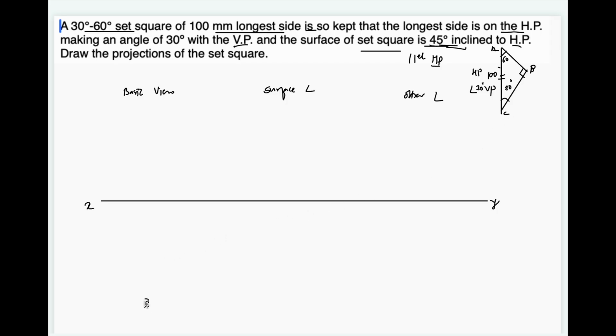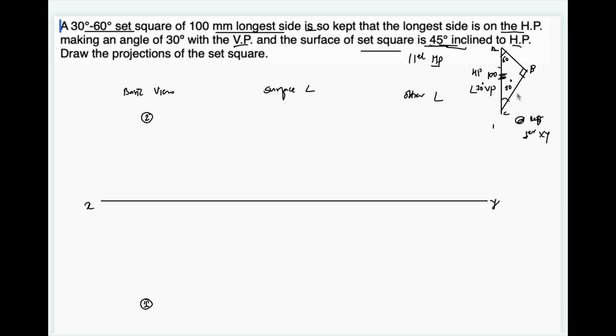So this is going to be our step number 1, and then by taking projections from step number 1 we'll draw step number 2. So in top view we are supposed to draw this set square. Now while drawing the set square, the resting reference is this longest side of 100. So this side should be kept at left and perpendicular to XY.